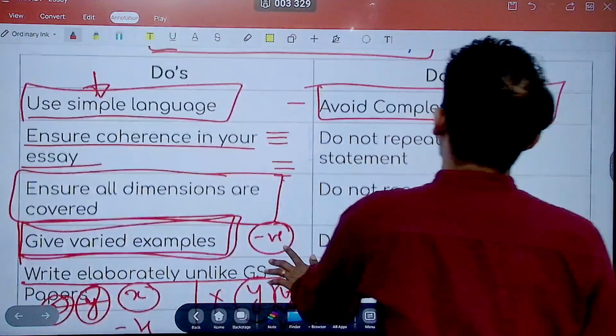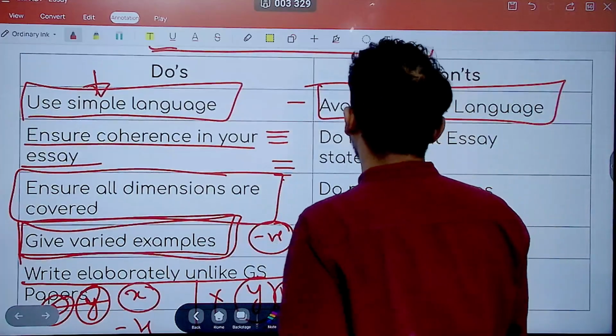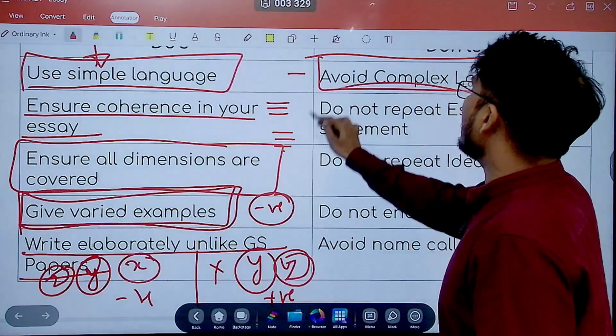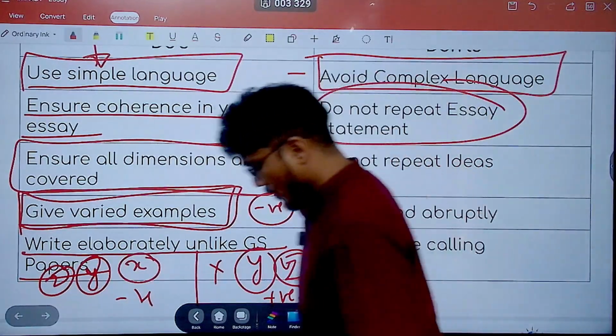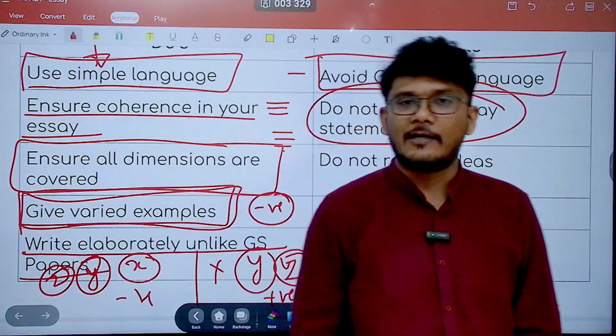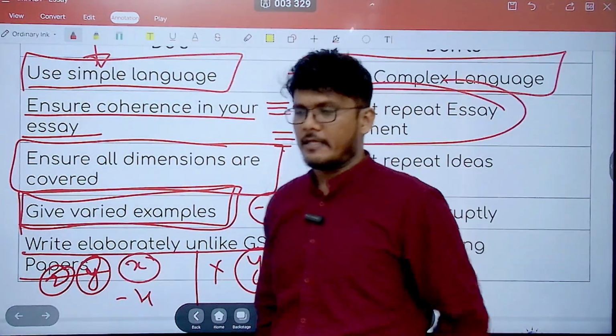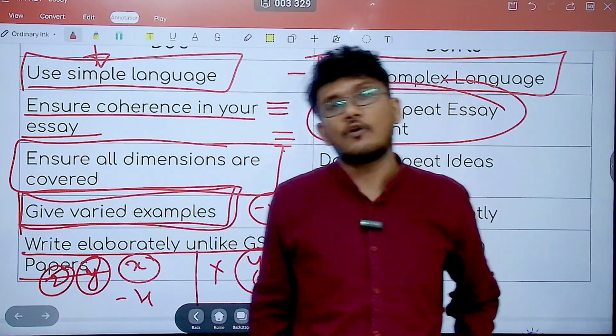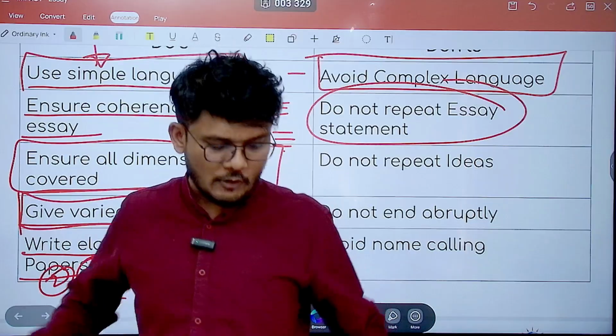Okay. Now let's come on to the don'ts that we should take care of. Avoid complex language, as I said previously. Do not repeat the essay statement. For example, the essay statement is talking about India being the fastest growing economy of the world. Don't keep on repeating, India can become the fastest growing economy of the world if it does this, this, this. India will not become the fastest growing economy of the world because of this, this, this.